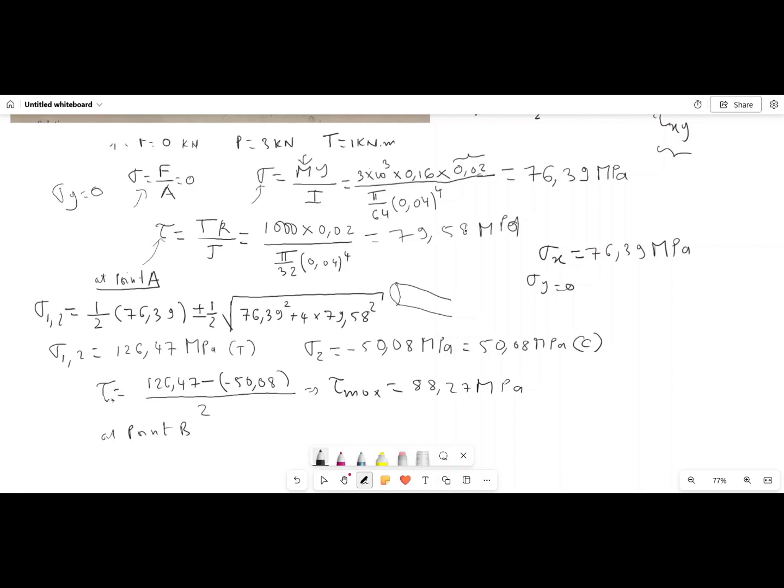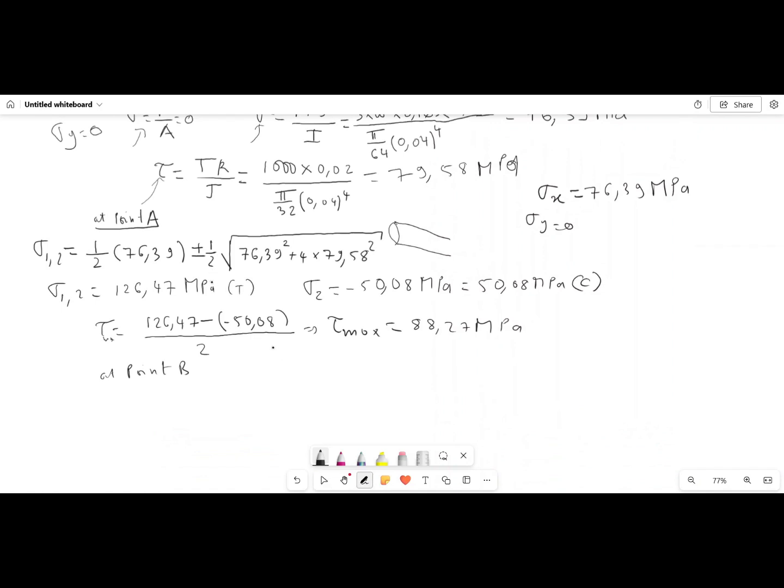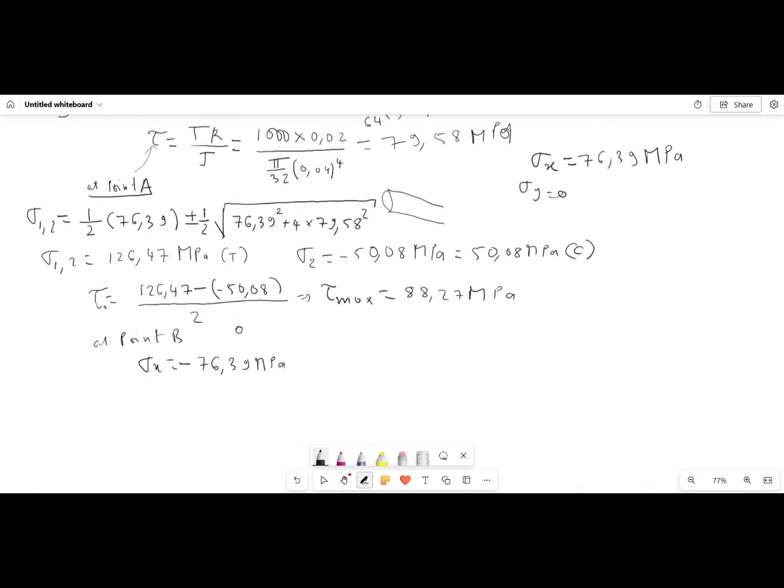Any question? Do you guys understand why when we are at point B, rho x will be negative 76,39 MPa? Are you with me? Yes, I am.